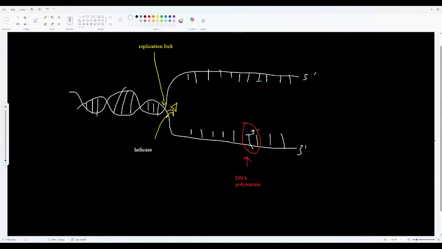So it's 5', which means that we're going to make the DNA in this direction. DNA polymerase is making 5' to 3', and there's no problem. It just goes, just making that DNA.